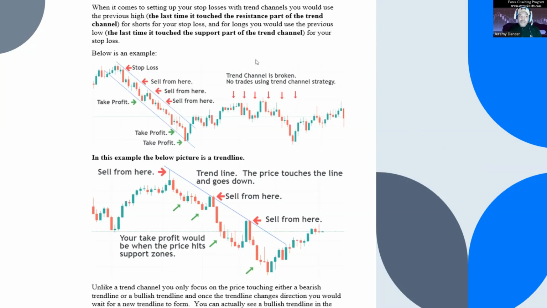But as you can see, anytime you are fortunate enough to trade a trend, this is going to be your easy money. And when it comes to trading trends, you're looking more at the longer time frames, like the 1 hour, 4 hour, and the daily time frame.